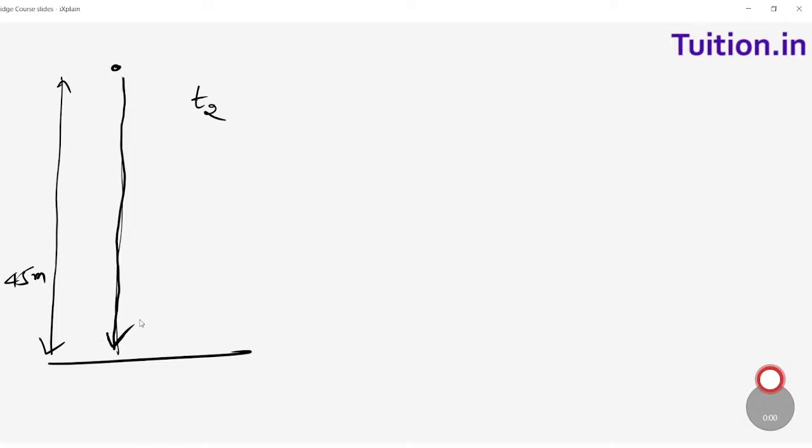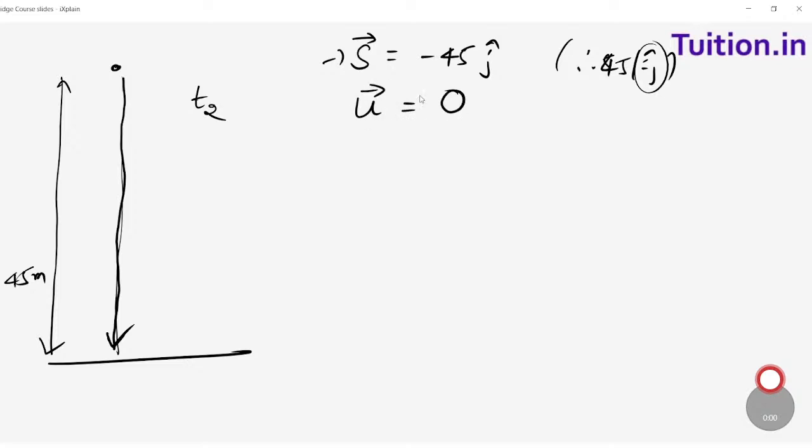Since the object has to travel down, the displacement vector is going to be 45 minus j cap. I'm using the displacement vector here, people. Notice, I'm not using minus 45, I'm using 45 minus j cap. Okay, so I know this. I know that the initial velocity vector is 0, correct? Because the object is starting from rest.